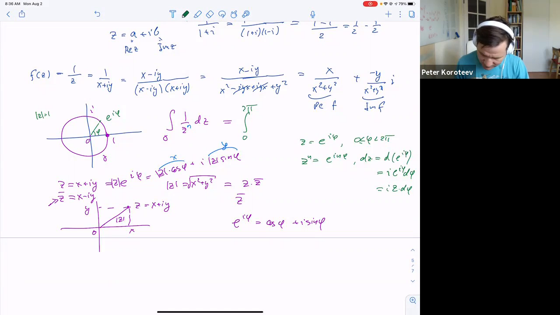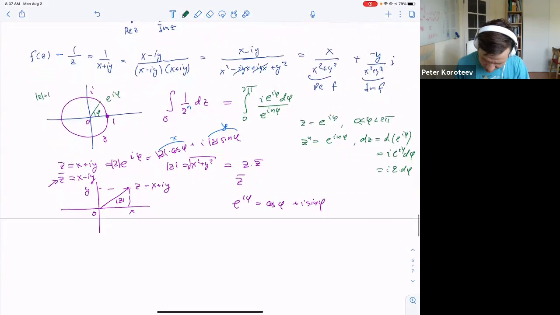So we're ready to write down the integral. So dz is i z d phi. Okay, so it's i e to the i phi d phi divided by e to the i n phi. So far so good. It's so nice to write on this thing.